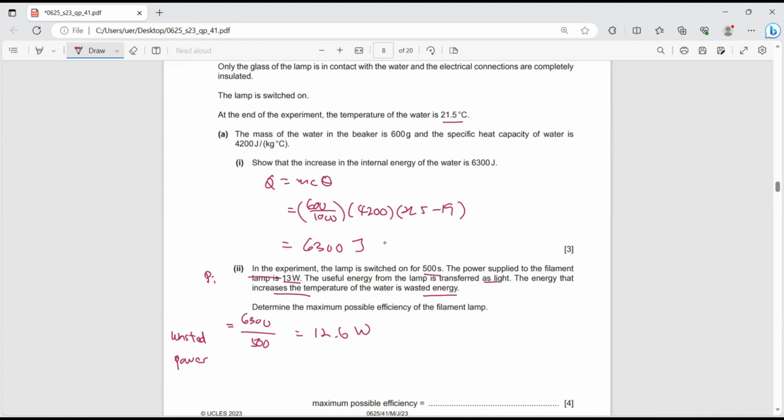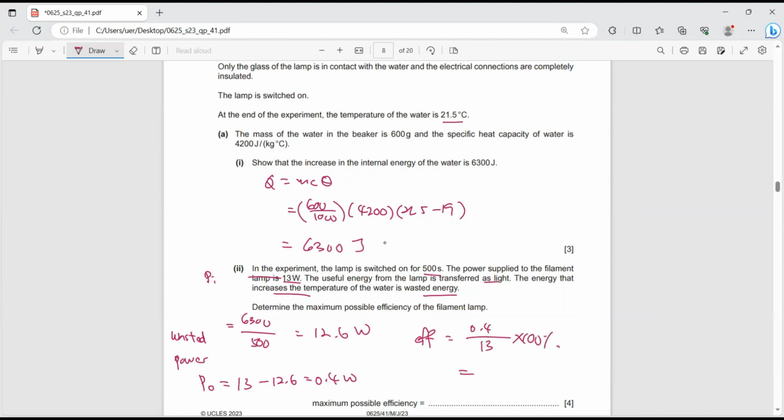So what is the useful output? Because we're calculating for efficiency, you need to find the useful output. So the output power is input minus wasted: 13 minus 12.6, you get 0.4 watt. So efficiency is 0.4 out of total 13 times 100%. How much?